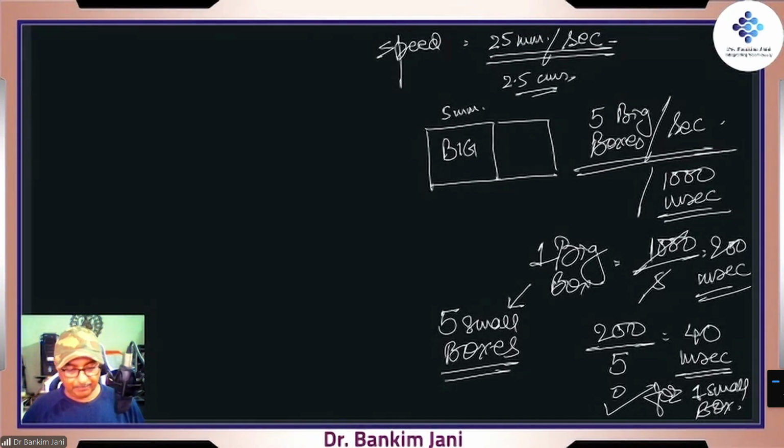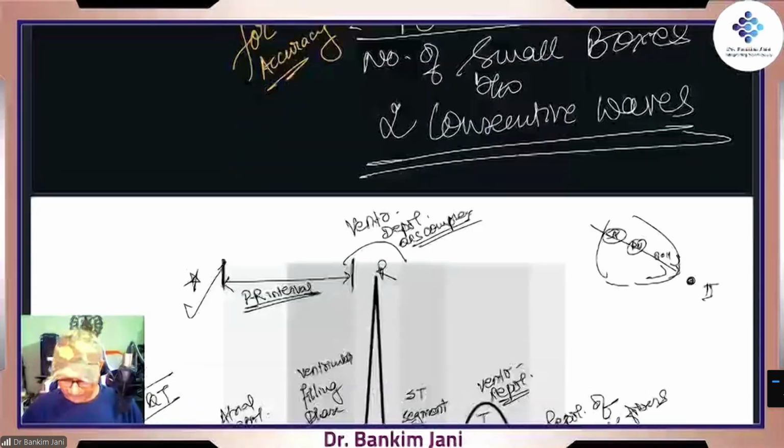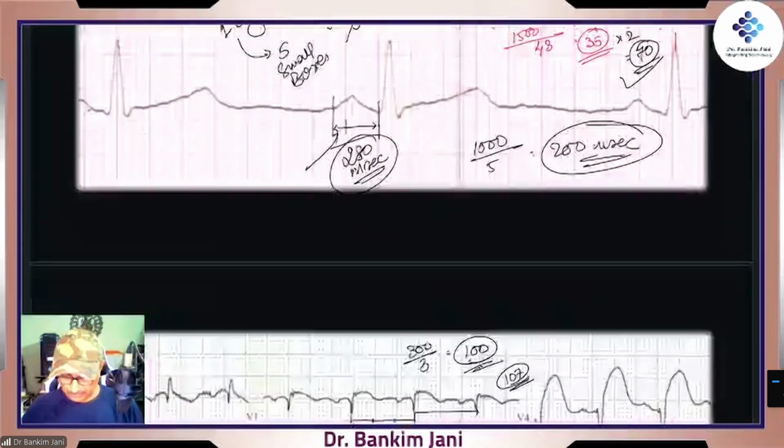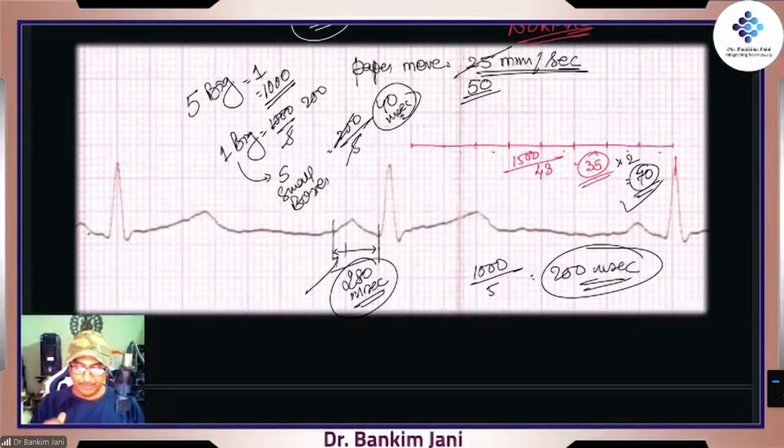Okay. Now, in the example which we saw over here, this is the beginning of the P wave, and then the QRS complex is starting. So we have to measure the distance from where the P wave is starting to where the QRS complex is starting. That distance is what we have to take.